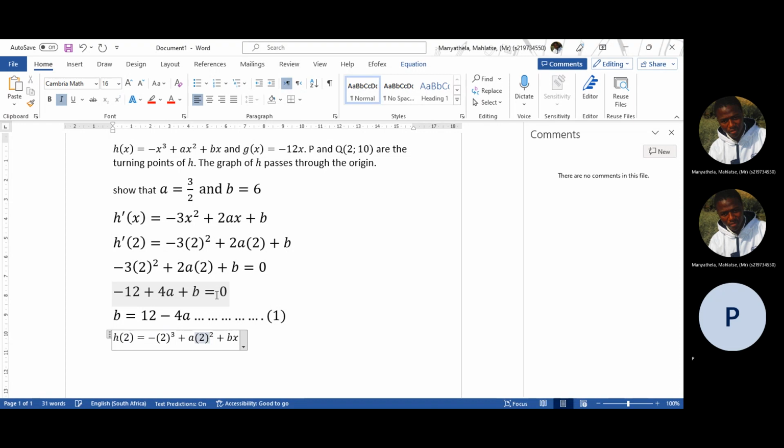But we already know the corresponding y value. It's given. In this case it is 10.